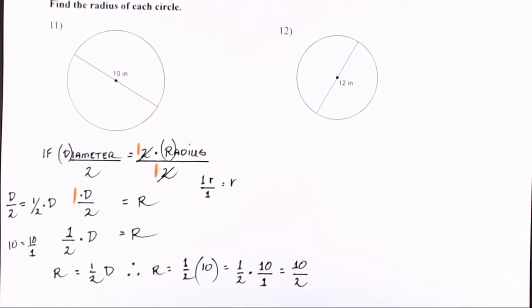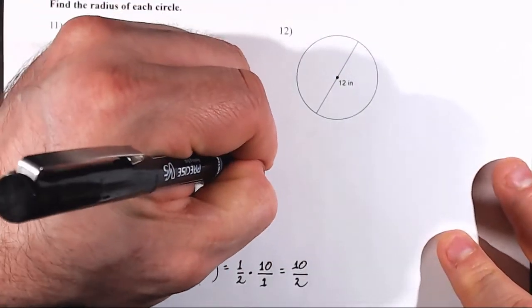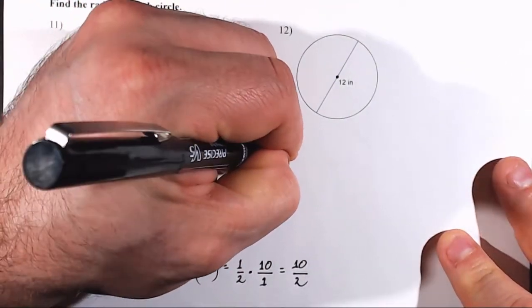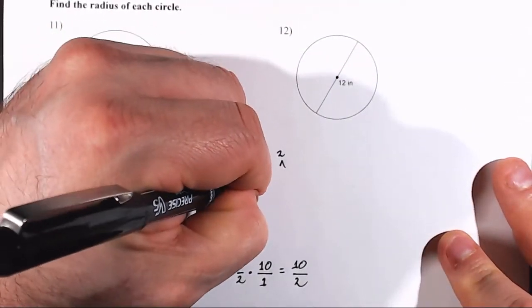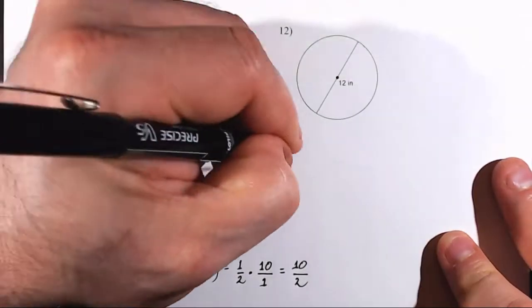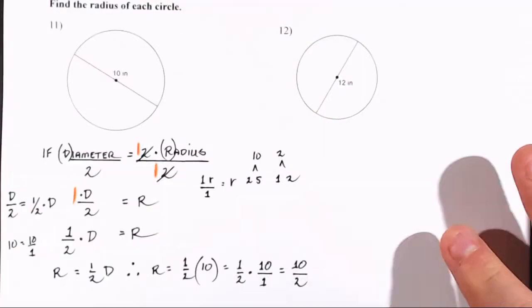10 over 2. Now, this is not the most reduced form of the fraction. What I do to reduce this fraction is I find the greatest common factor. Okay, so when I find the greatest common factor, I'll take 10 and 2. Well, 10 is 2 times 5, and 2 is, well, I guess 1 times 2, right?